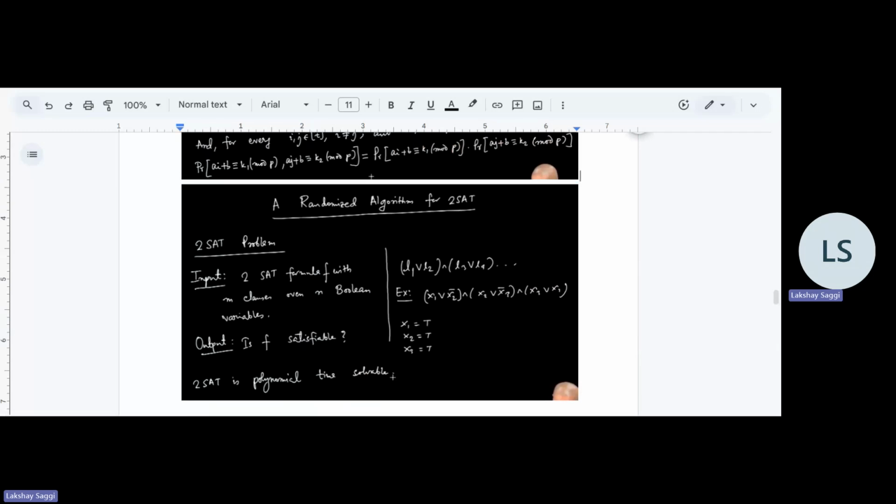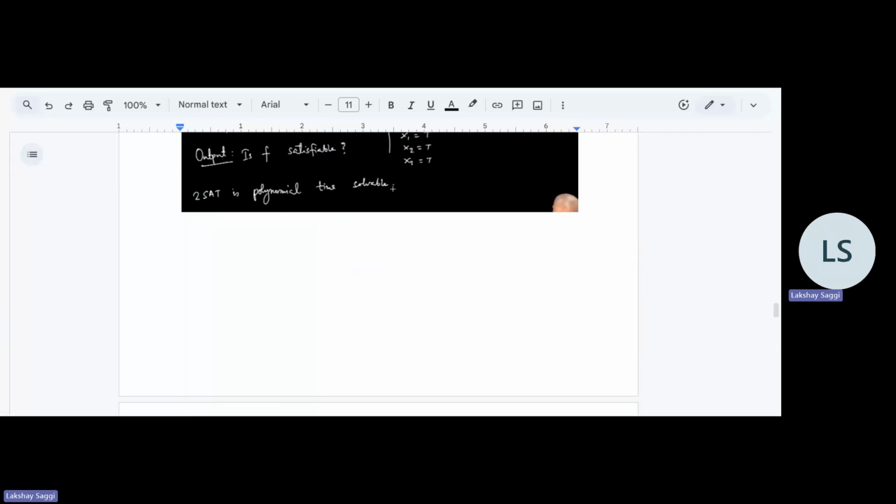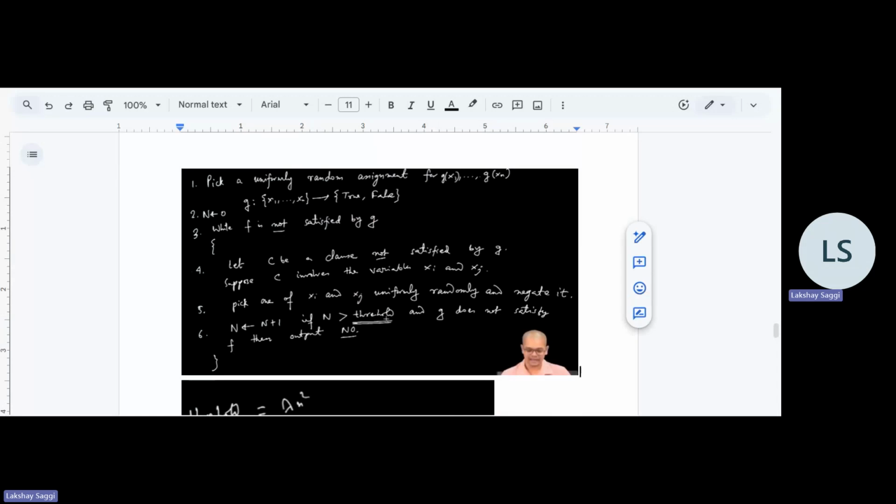And the idea for a randomized algorithm for two-set, there exist deterministic algorithms also, but since we are discussing randomized algorithms only, we'll just stick to that for now. The idea is pretty simple and pretty cute also. Suppose one just picks a uniformly random assignment g for the variables x1 until xn.